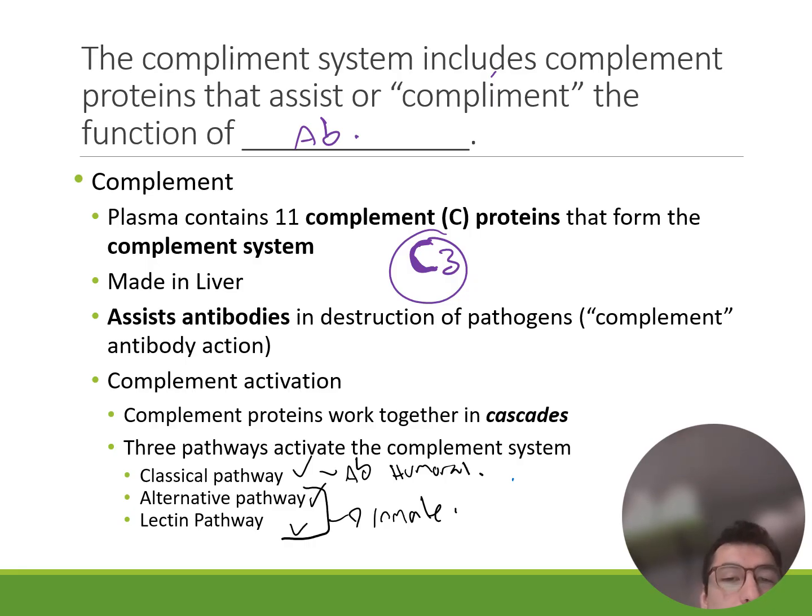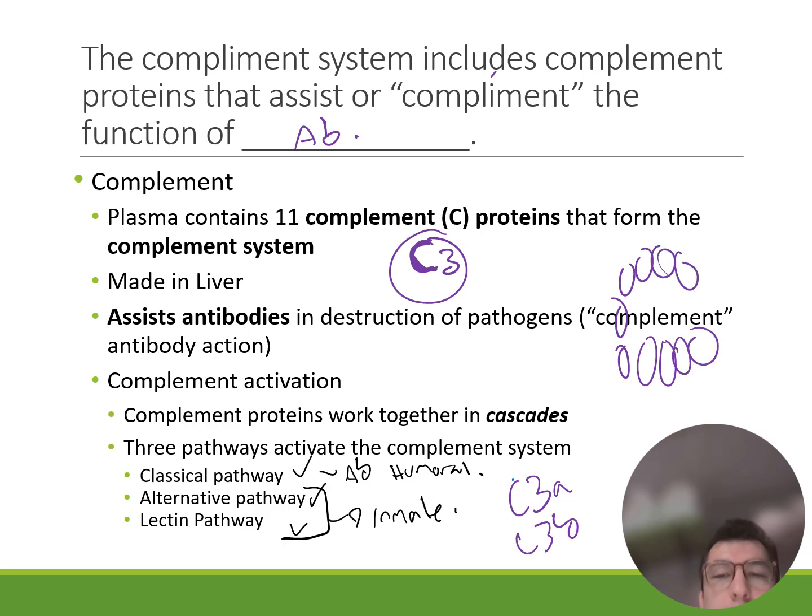The end result of the C3a, C3b is that they conglomerate with other proteins to create a complex. When they bind together, they create like a ring. C3a, C3, C5, C9, and multiple dozens of them.